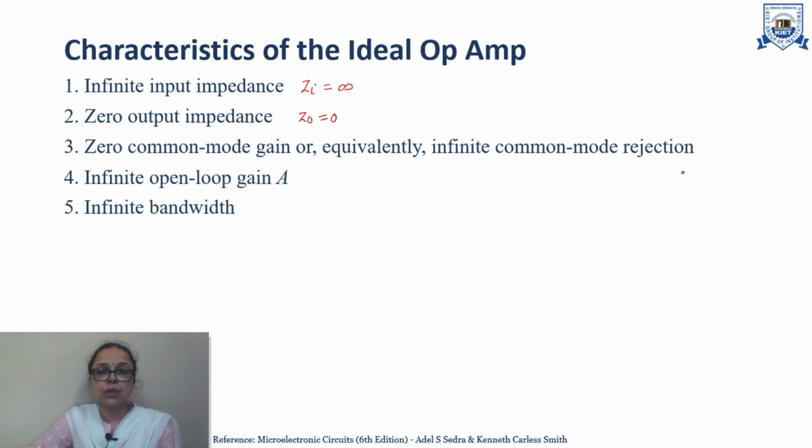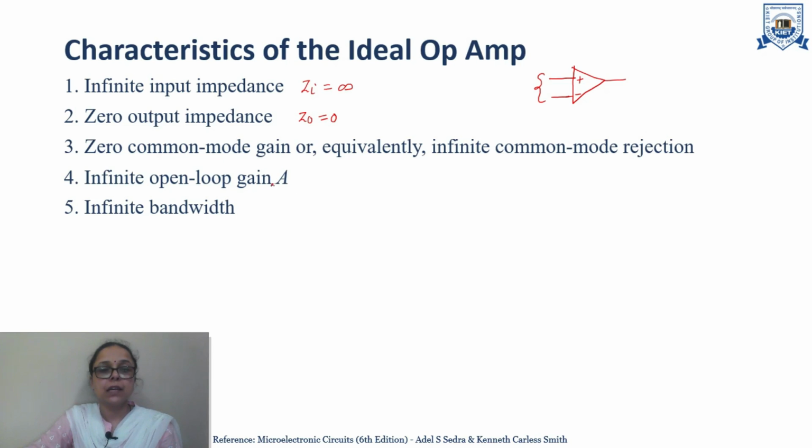Why are we saying common mode gain? Because it has the differential input, and whenever we are using differential input, ideally the common signal should be rejected. That is why the ideal op-amp has the property of 0 common mode gain.